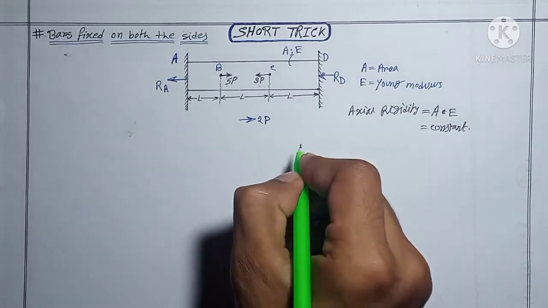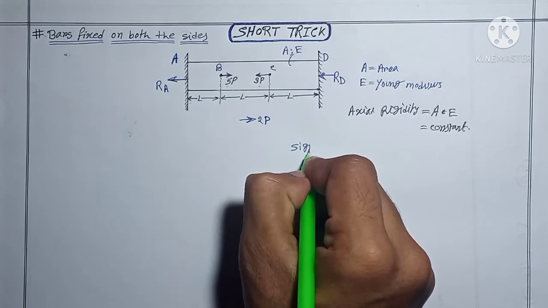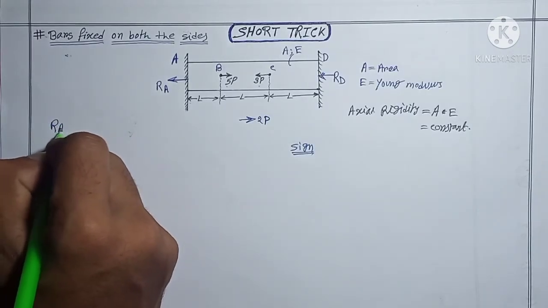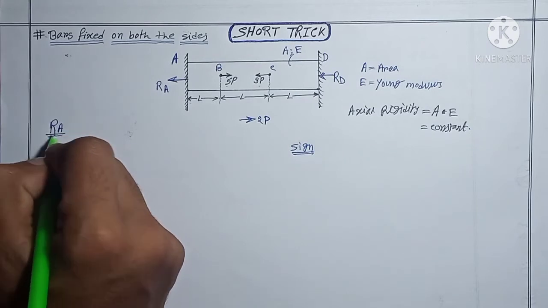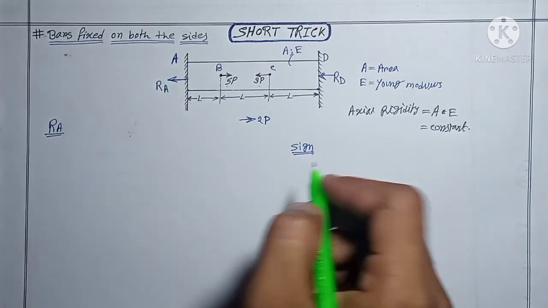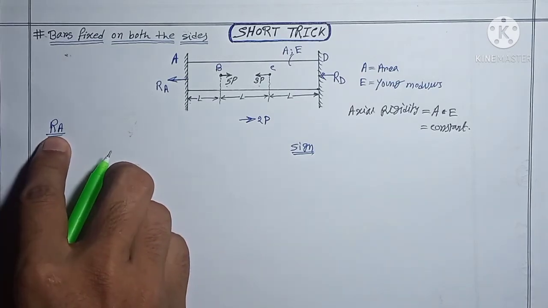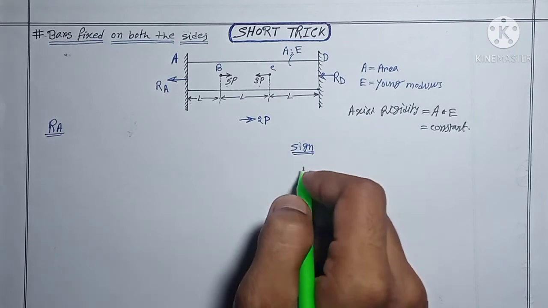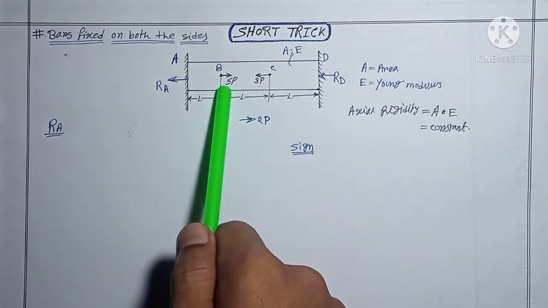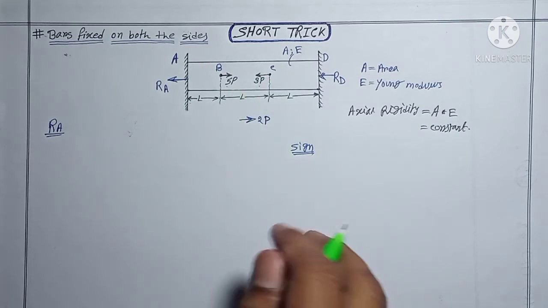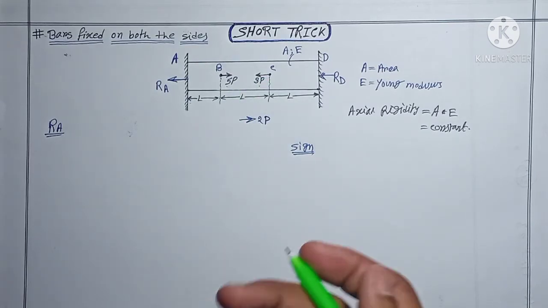Next is the sign, which is very important. Listen, we have to find the reaction at point A, so let us indicate it by RA. When finding the reaction at point A, with respect to this reaction force RA, whatever the other forces' directions are, based on that we take the sign.